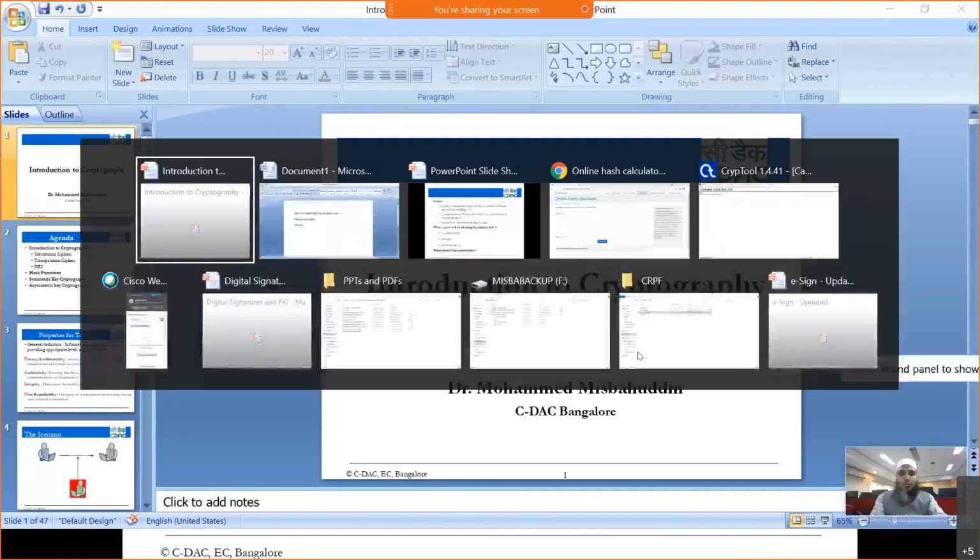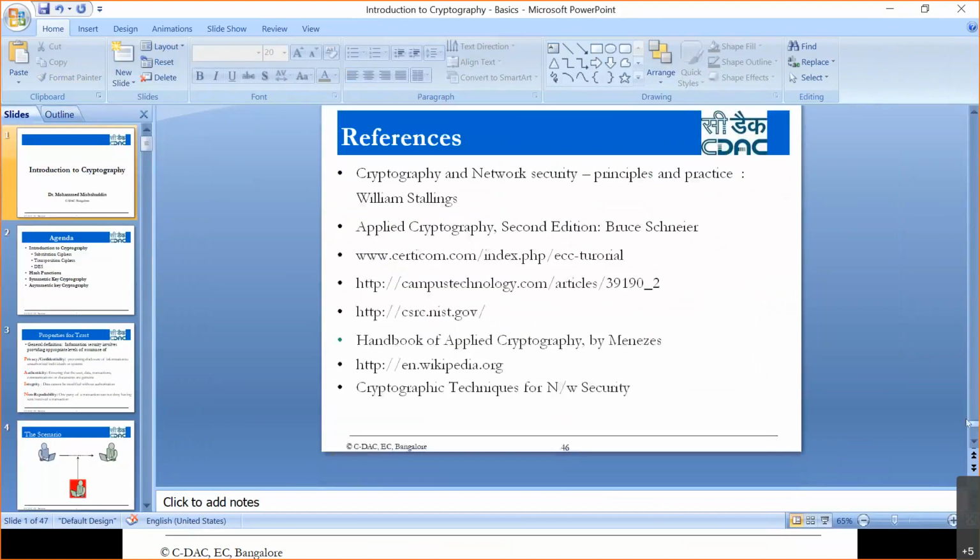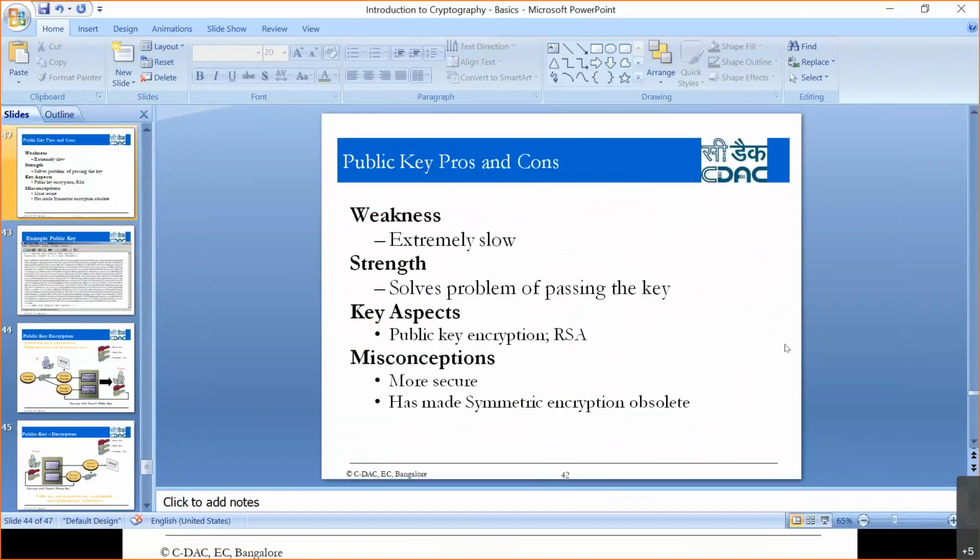Before that, I would like to spend some time on asymmetric key cryptography. We had already discussed symmetric key cryptography. Now we'll discuss asymmetric key cryptography.